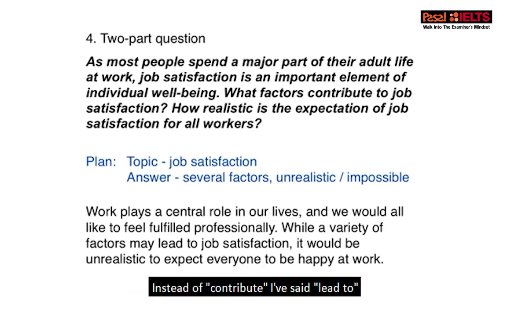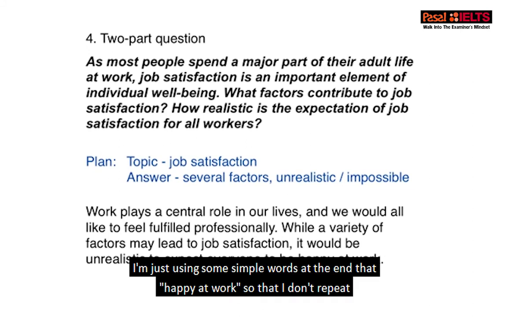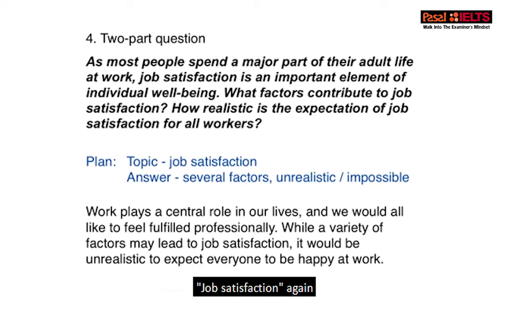Instead of contribute, I've said lead to. Then the second part of my sentence after the comma, I'm answering the second question. It would be unrealistic to expect everyone to be happy at work. And I'm just using some simple words at the end there, happy at work, so that I don't repeat job satisfaction again.